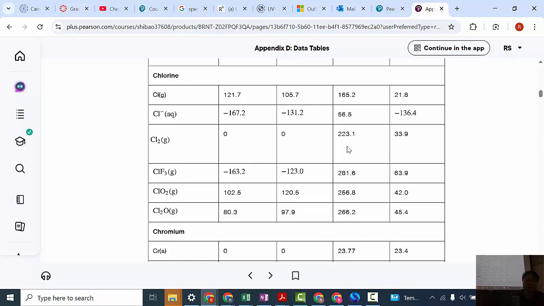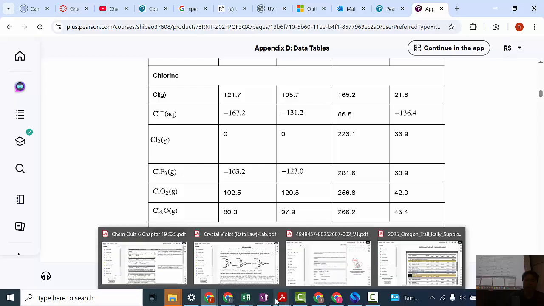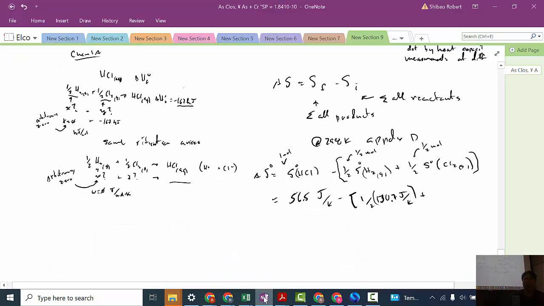It must have something to do with it. 223.1. So go back here. Okay, so hard to see this little tiny dot. 1/2 times 223.1 joules per Kelvin.